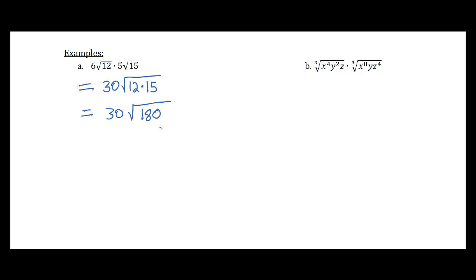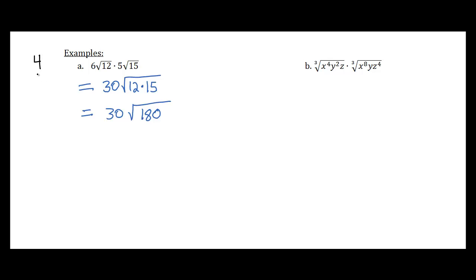We have one radical, but we're not done here because 180 is not a perfect square, but we have a perfect square that is a factor of 180. Just to make this a little easier, I'm going to list a couple of perfect squares.